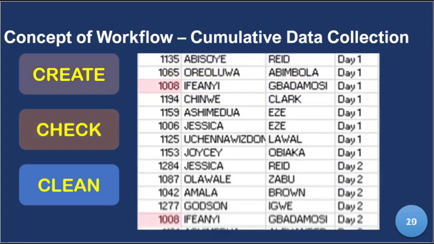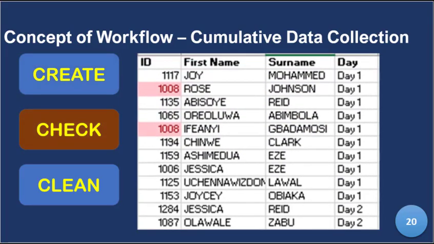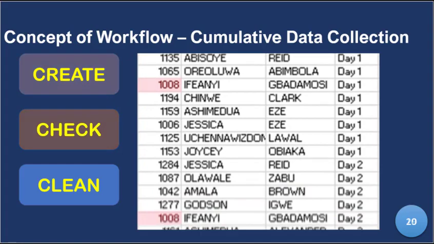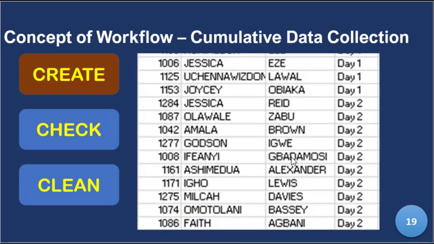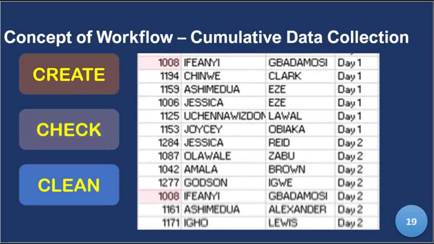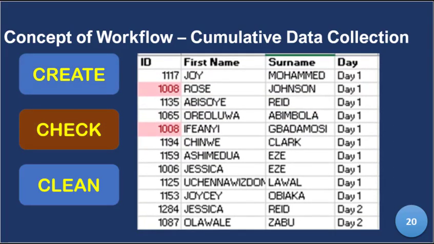We will remember now that the data for Ifeanyi, because it's in its raw form, has returned back to 1008. And if you look below a bit, you can see another Ifeanyi Gbadamosi written here on day two. So like 3 sets of duplicates here because there was a check.